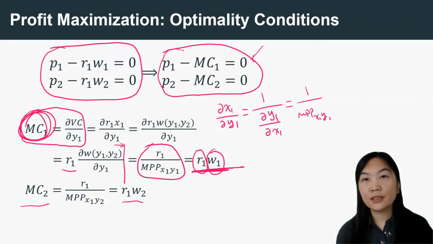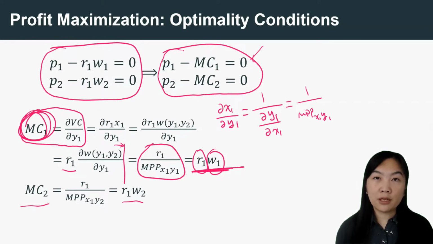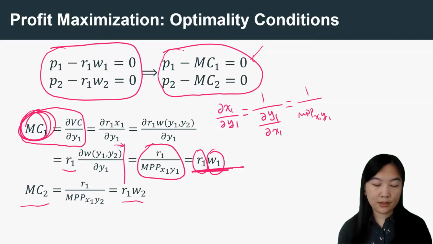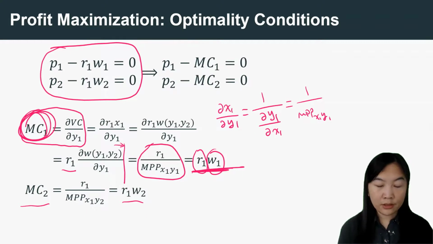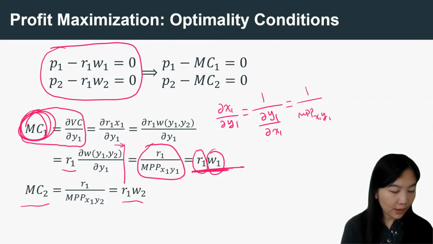The only difference here is that we have two outputs. So the marginal revenue and the marginal cost of each of the outputs have to equal each other. So when there are two outputs, there are two optimality conditions here.